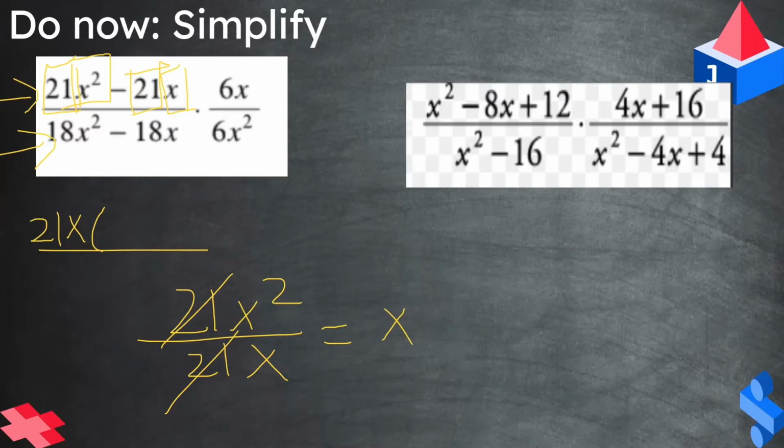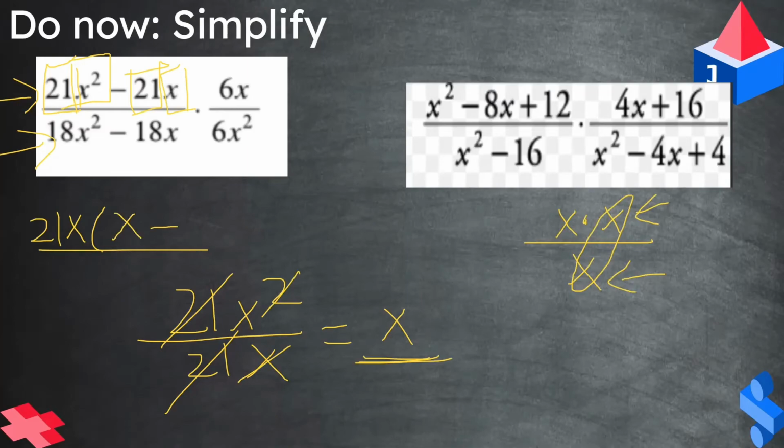Like I said, if you do not know the law of exponents yet, just do it this way: x times x, because x squared is x times x, and then you divide that by x. If you have one x at the top and another x at the bottom, they cancel out because x is your common factor. So you are just left with x. I hope that made sense. And x is what you get if you divide 21x squared by x, right? They cancel out and we're left with x.